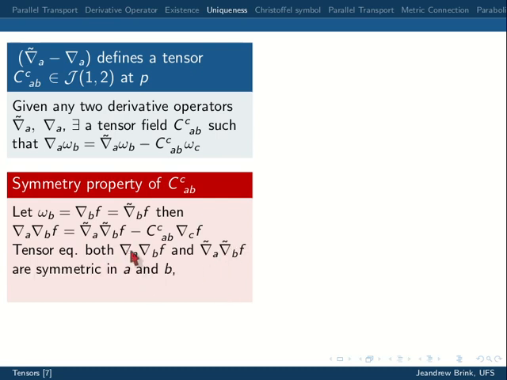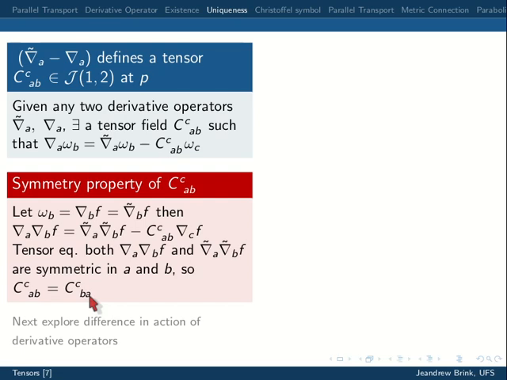Because this one is symmetric and that is symmetric from property 5, this tensor is also going to be symmetric in A and B. So we know that if we switch these two indices at the bottom, they are the same.